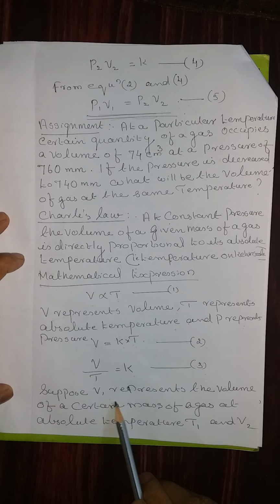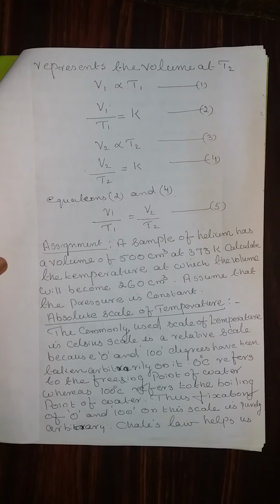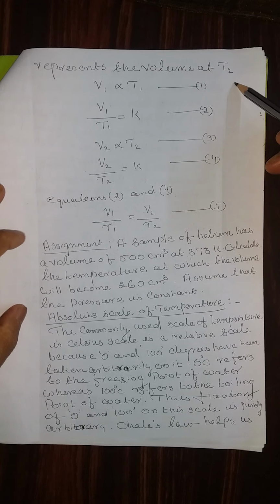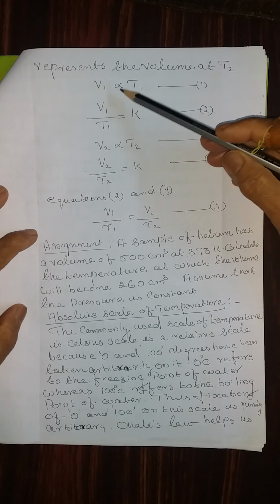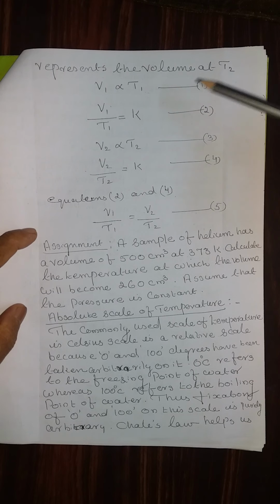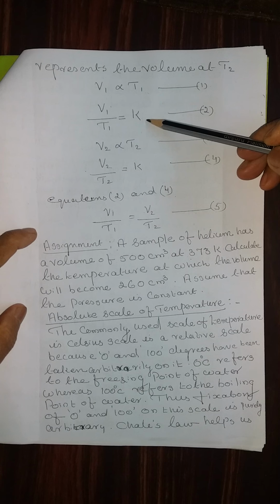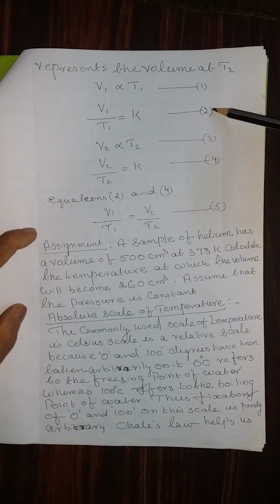Suppose V1 represents the volume of a certain mass of a gas at absolute temperature T1 and V2 is the volume at temperature T2. V1 is directly proportional to T1, equation 1. Or V1 by T1 is equal to a constant, equation 2.